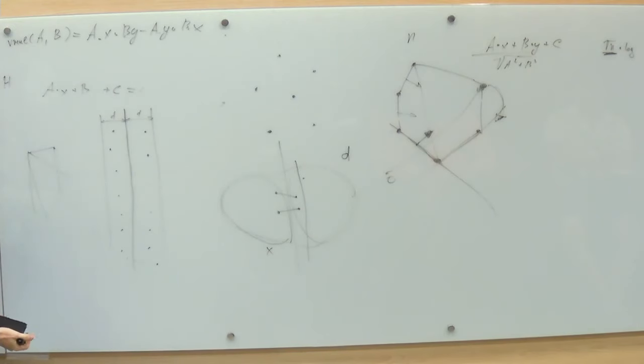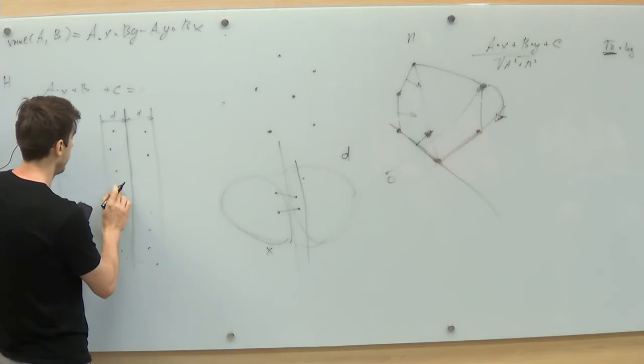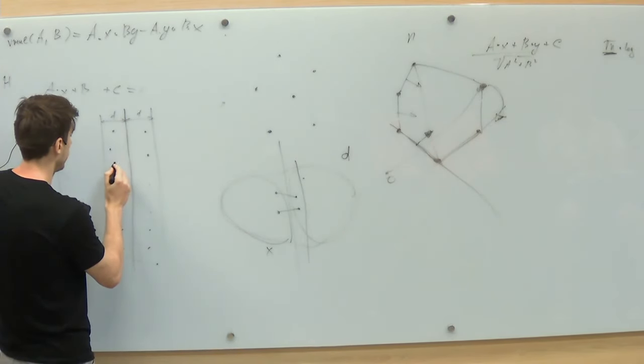And let us look at the list of these points and sort them from top to bottom, simultaneously. So this point, then this, and this, and so on.